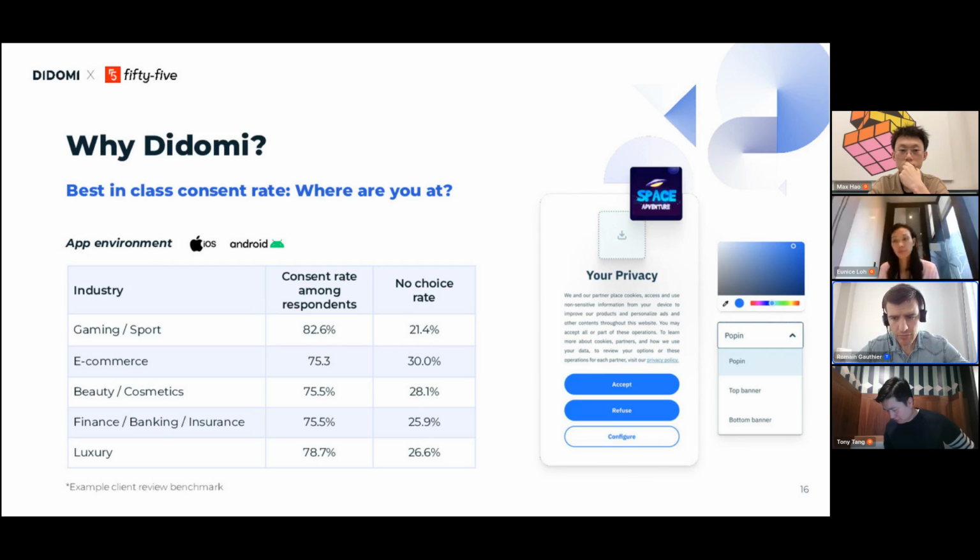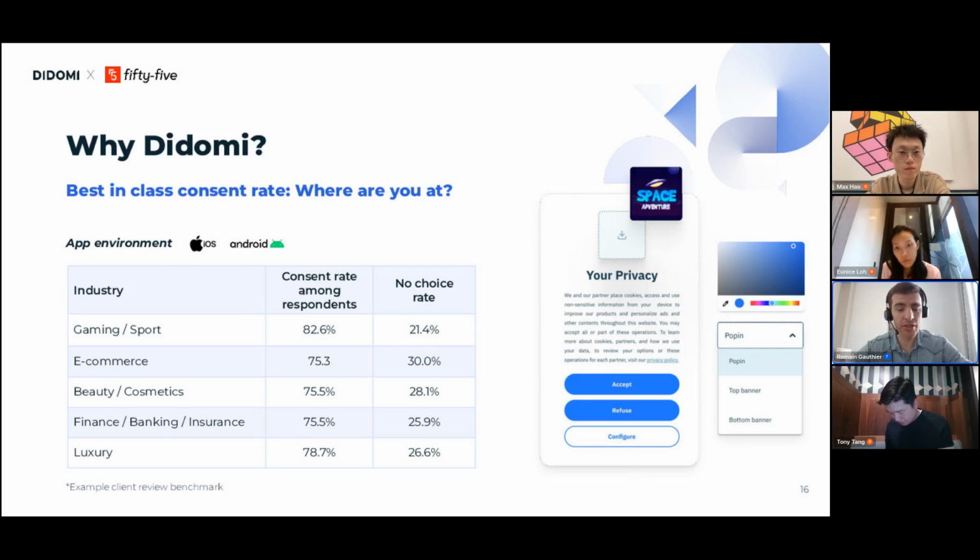We realized that after implementing a consent management platform, the next question is how good am I doing? And we will help you answer this question and find ways to optimize your consent rate.